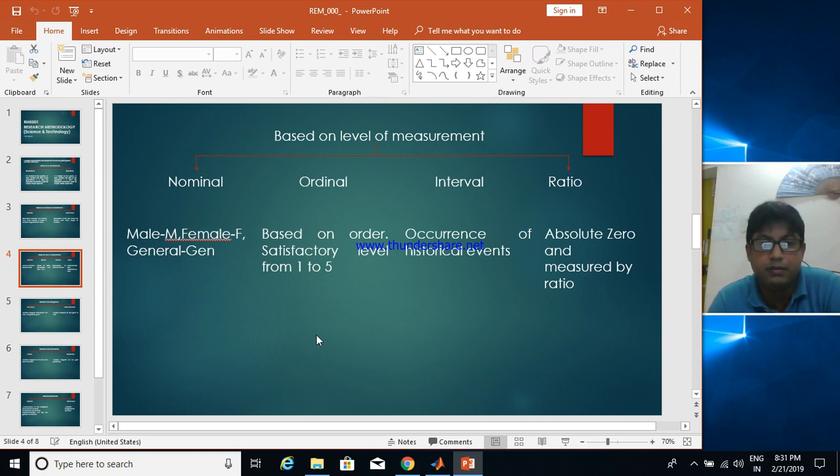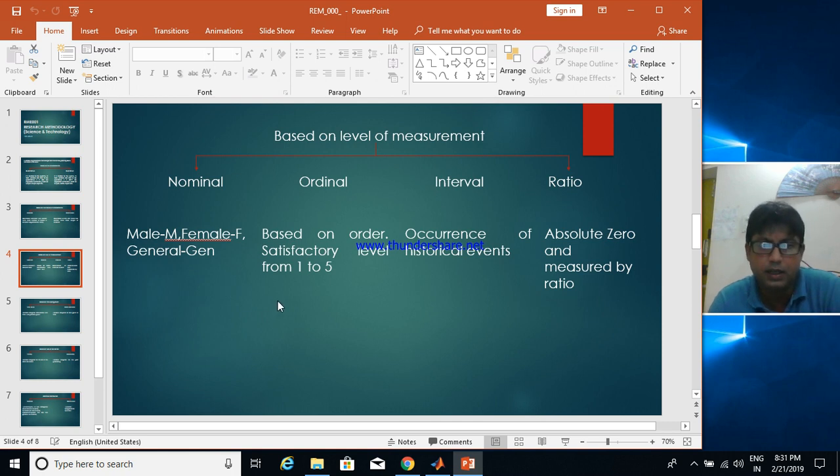A nominal scale is a particular nomenclature, like whether a person's identity is male or female, or the caste, whether it is general, OBC, and all these things. This is also a variable, but it is based on nomenclature.